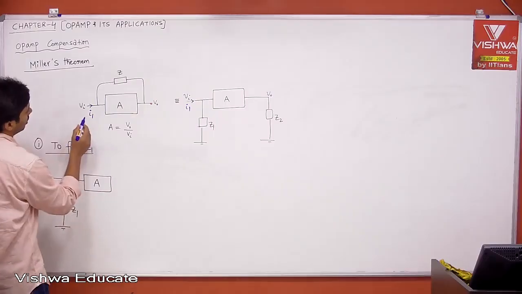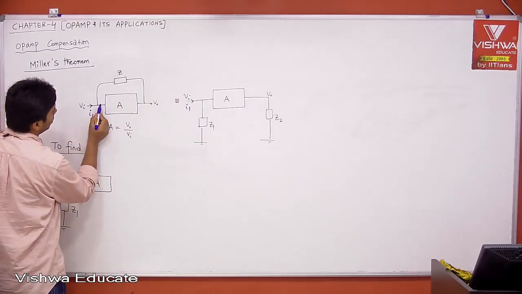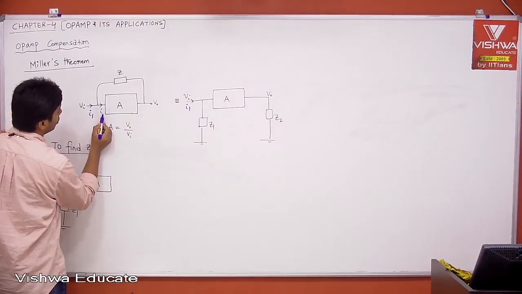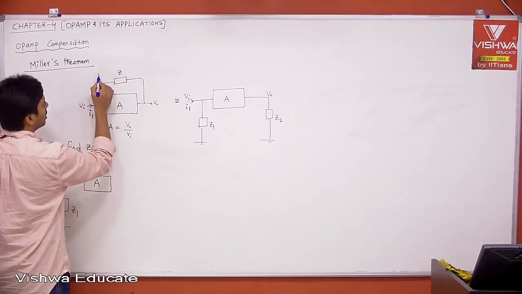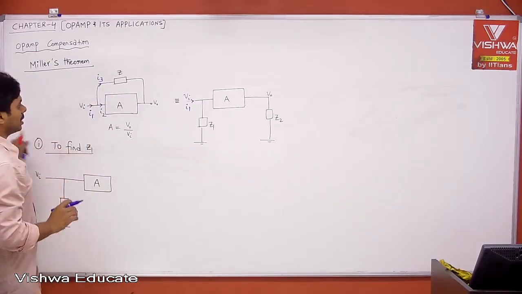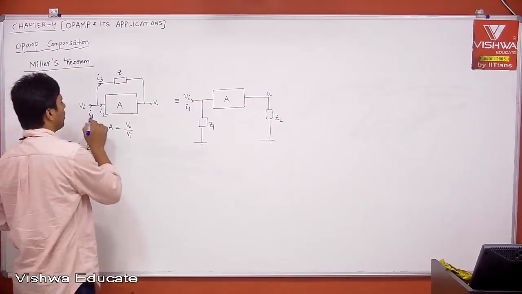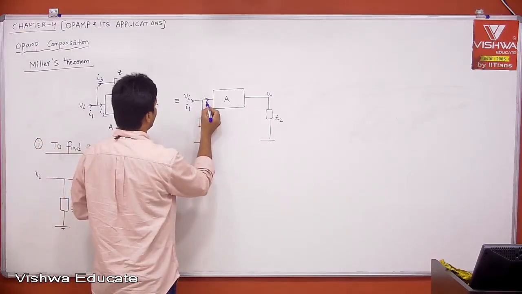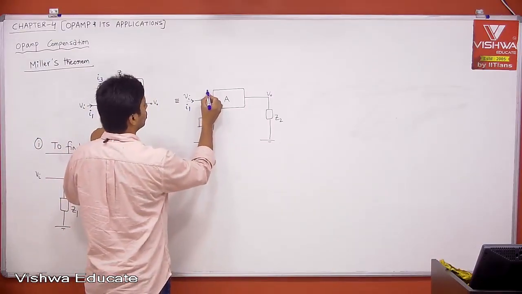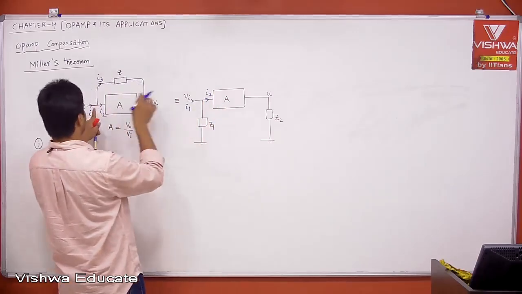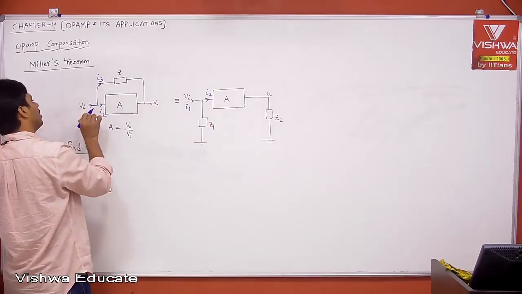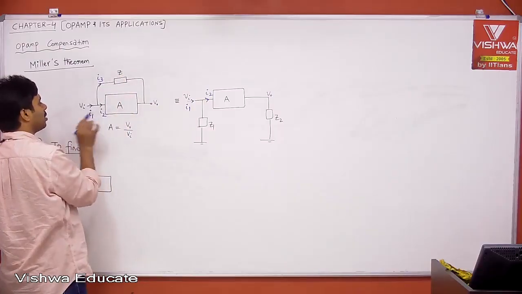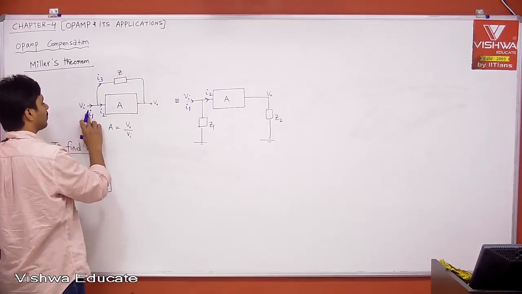And out of I1, let us say the current entering the amplifier is I2. Then the current entering the next branch, let us say, is I3. If the same current is flowing out of I1, the current entering the amplifier should be I2. Then only I will call both the same. Wherever the branch current is going doesn't matter. According to KCL, I1 is equal to I2 plus I3.